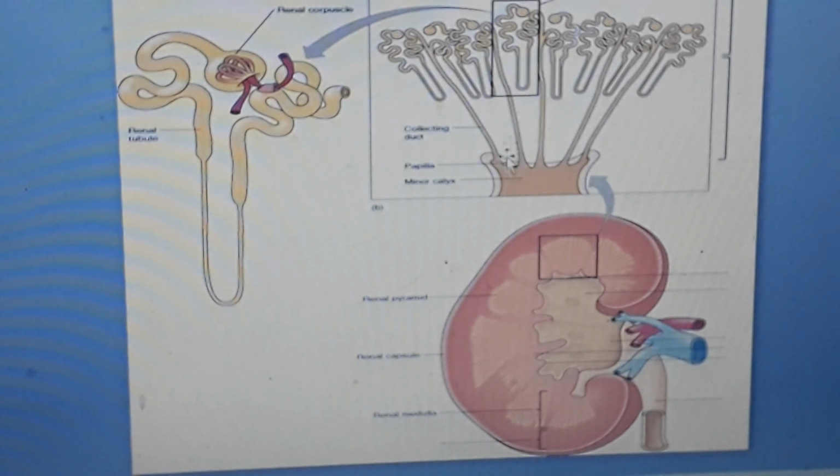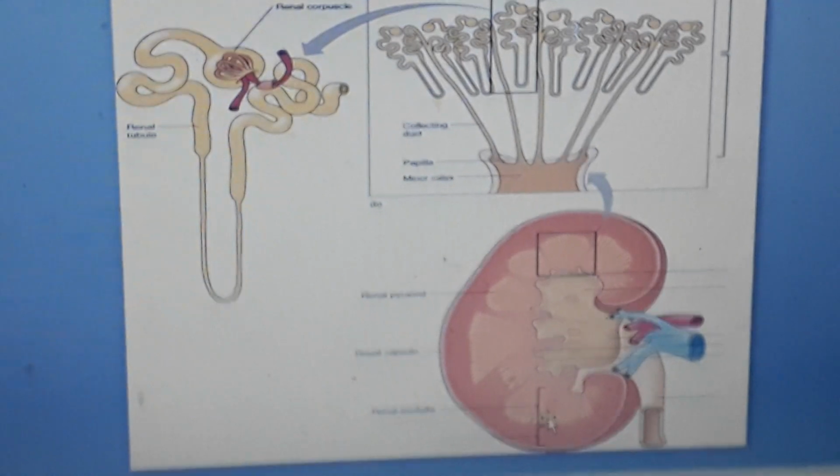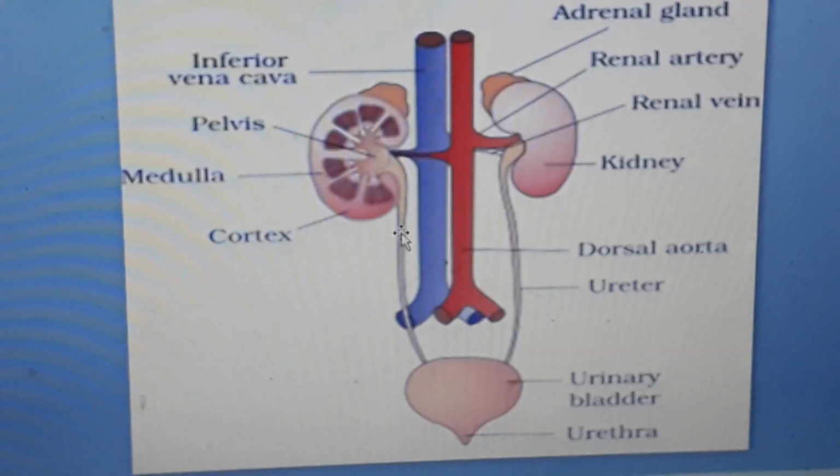That is, all the collecting tubules from each nephron collect urine and bring it into the pelvis region, and from the pelvis region the urine flows into the ureter, and from the ureter the urine flows into the urinary bladder, and through the urethra urine is excreted out of the body.